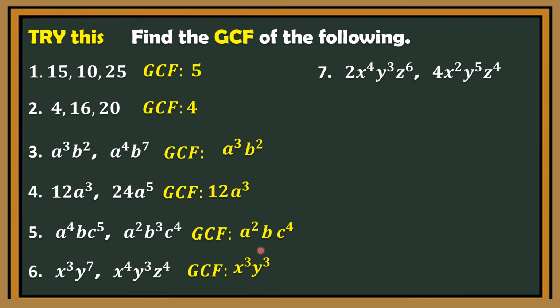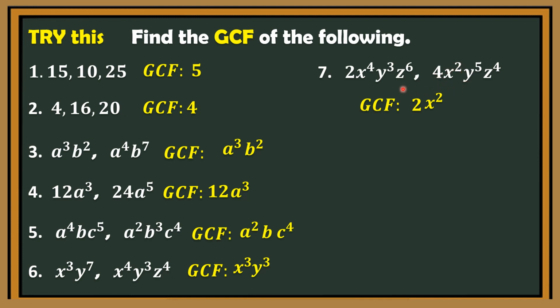Number 7. Greatest common factor? For 2 and 4, the greatest common factor is 2. How about X? Since X here is common, X is squared because 2 is the least exponent of X. How about Y?